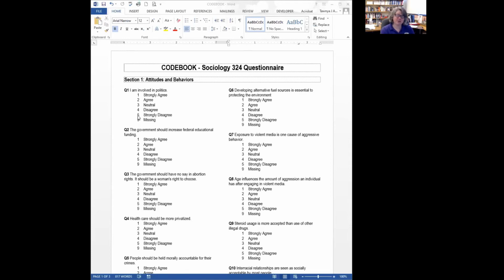So that's one of the reasons why we use those numbers. It makes it quicker, first of all, and that's important when you're doing data entry. But it also reduces the likelihood of making spelling errors, which would make it hard to capture that data. So now we can count how many times someone answered agree, which is the category 2. So we'll count how many times somebody answered 2, and that way we don't have to be concerned about spelling errors and typos as much.